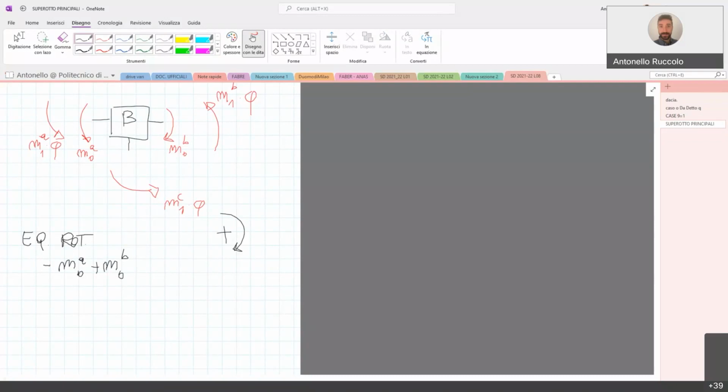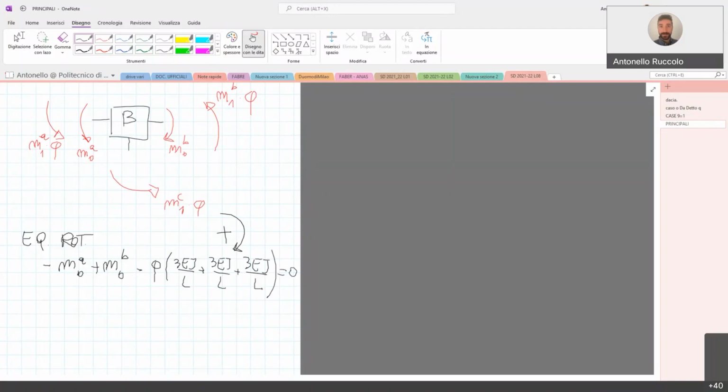Then all the other three moments are negative, minus phi that multiplies 3 iota over L, plus the same for the beam B plus the same for the beam C. All this stuff is equal to 0.